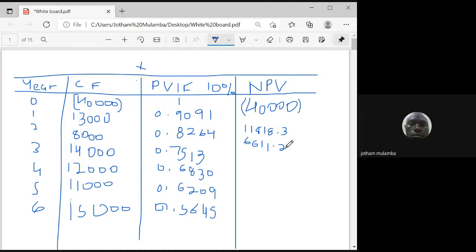The third one: 10,000 times the PVIF gives 7,513.2.